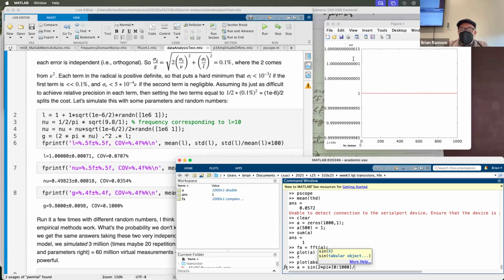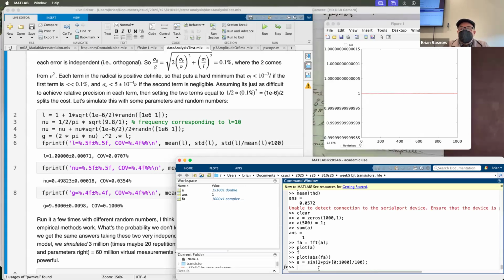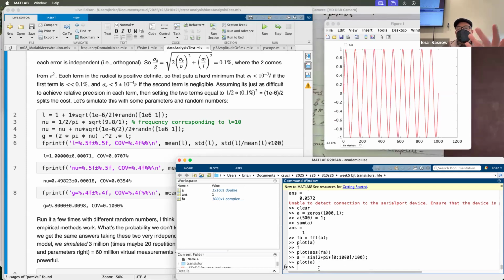We'll make about 10 periods, so that when t is 1,000, this thing is 10. So I should have called this B. Let's see what we did. Plot A. Okay, so there are 10 periods of sine wave. What's the FFT of A?